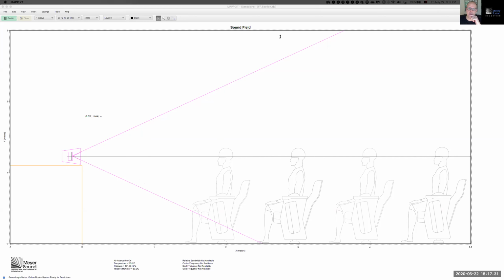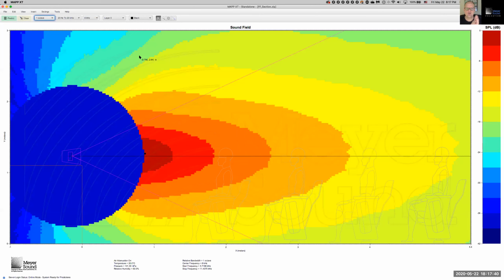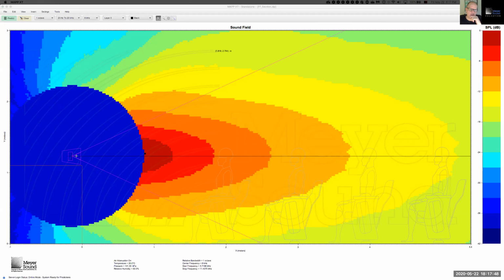That being said, I would like to show you this a little bit in action, which means that we're going to do a prediction. Let's do 1 octave at 4 kilohertz and look at the level distribution throughout our audience. So, what are we looking at? Imagine that we call this transition from a very saturated orange to a lighter orange color.